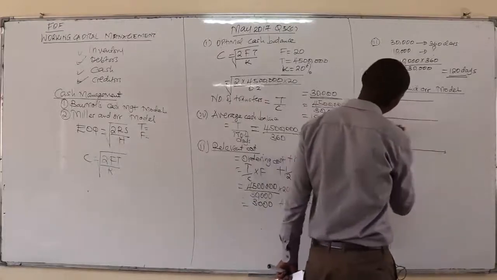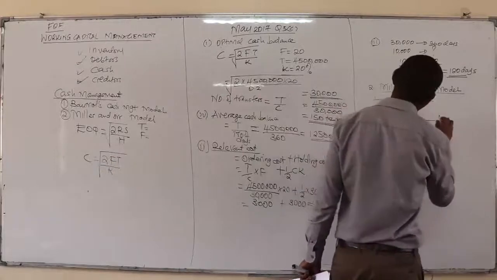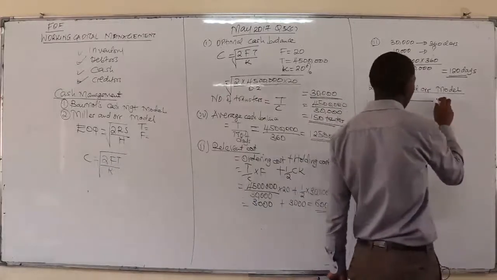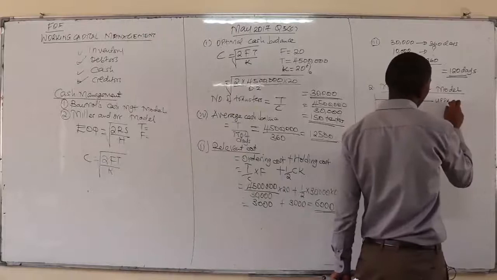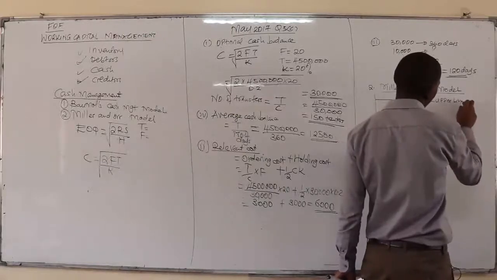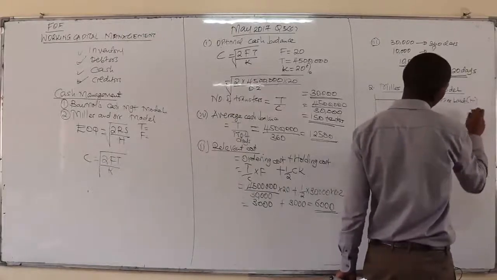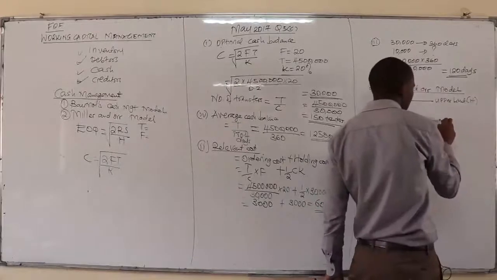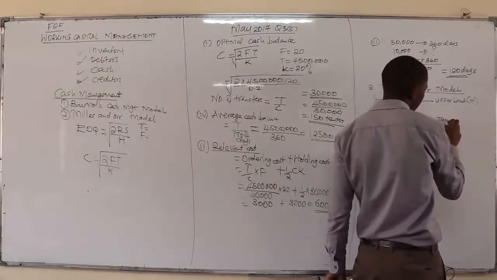We have that. So in this case, this is what we call the upper limit, which is denoted by H. This is the target or optimal cash balance.